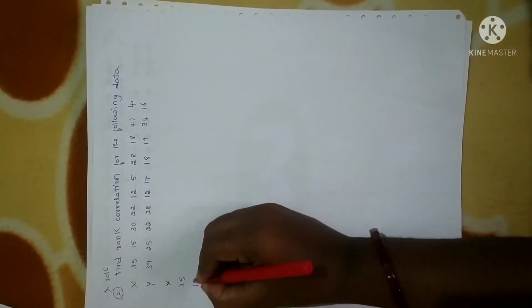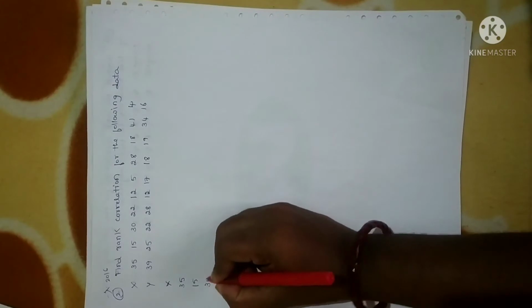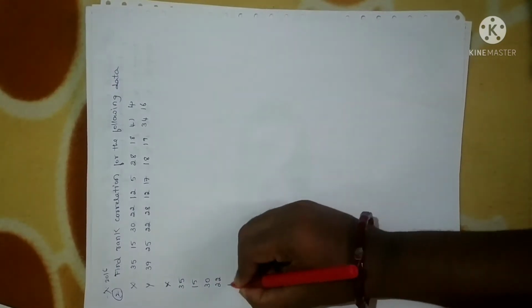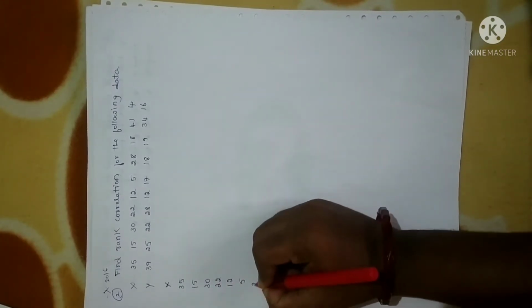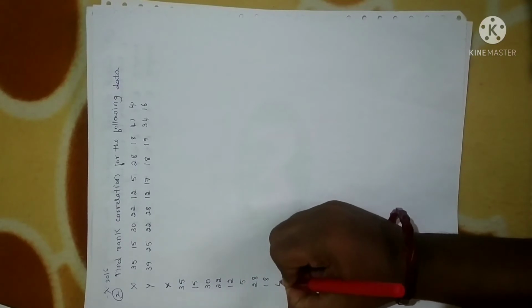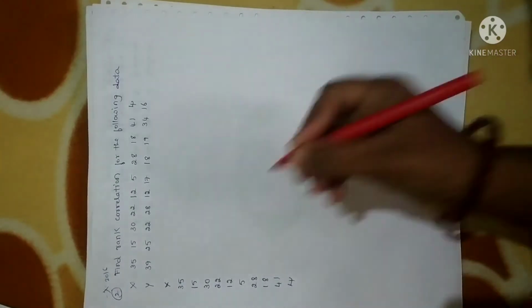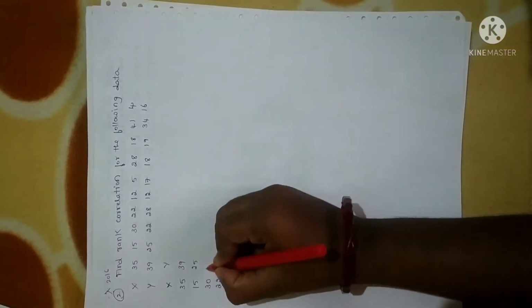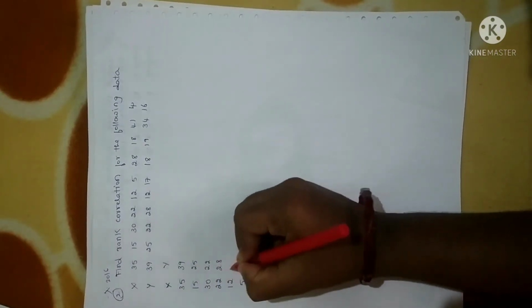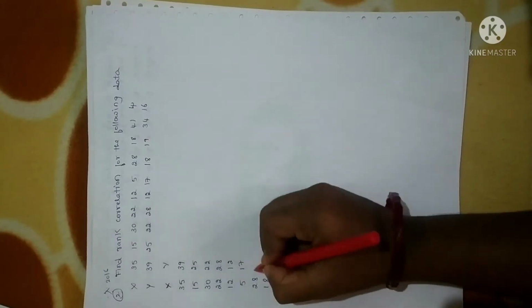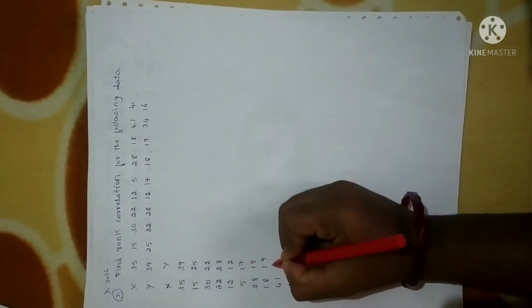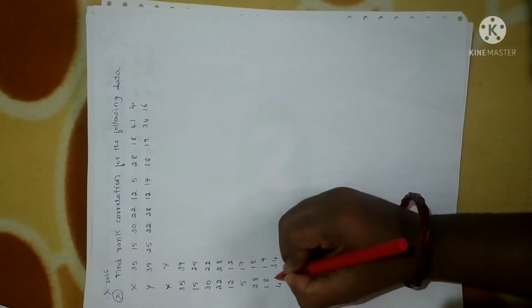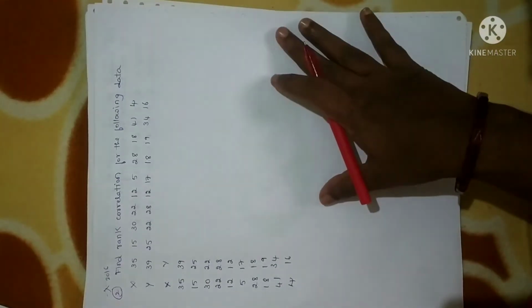X set of variables is given: 35, 15, 30, 22, 12, 5, 28, 18, 41, 4. And Y set of variables is 39, 25, 22, 28, 12, 17, 18, 19, 34, 16.